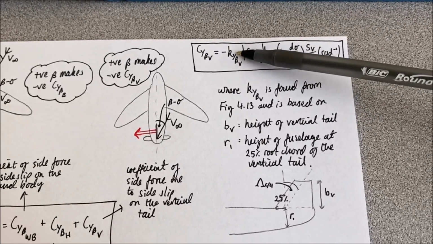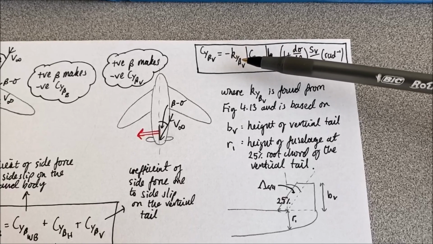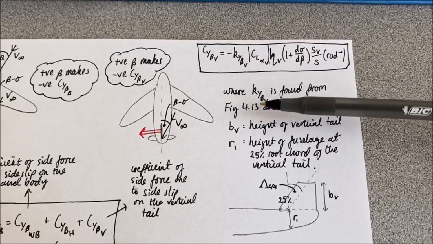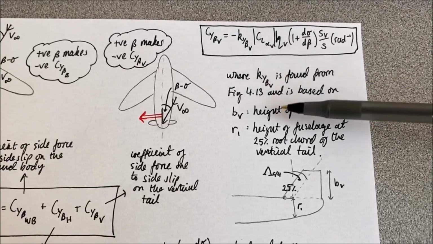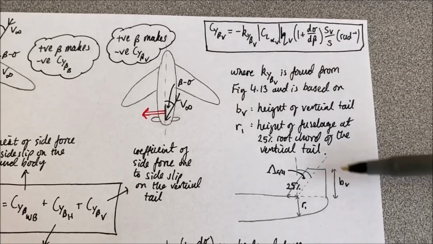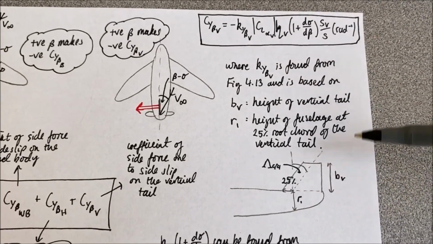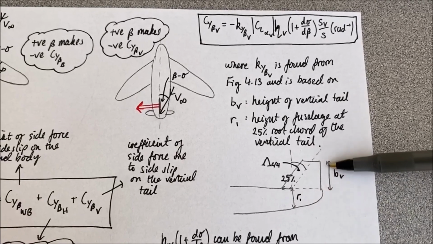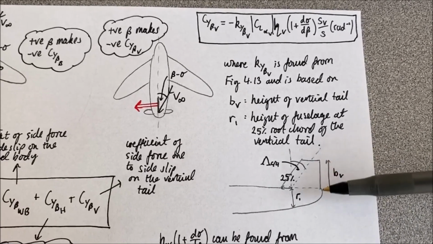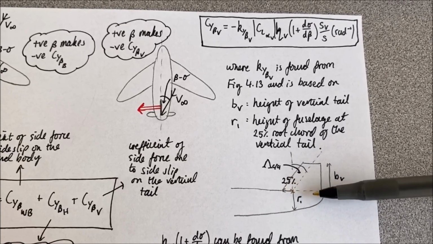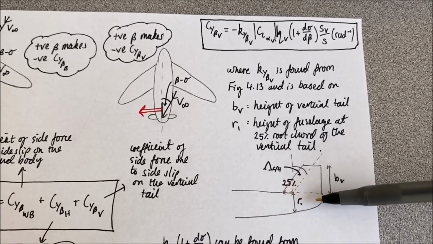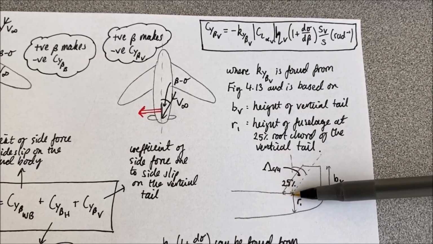So first of all, this lowercase k sub y beta v is found from figure 4.13 in the textbook, and again is based on some physical distances regarding the rear of the aircraft. Firstly, the height of the vertical tail itself, and secondly, the height of the fuselage at quarter chord of the vertical tail root. So this distance here.